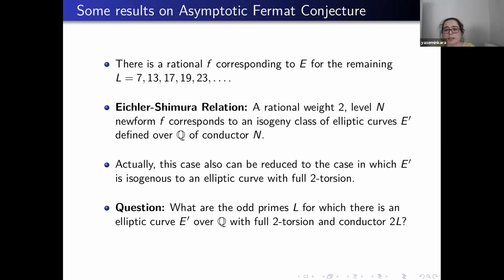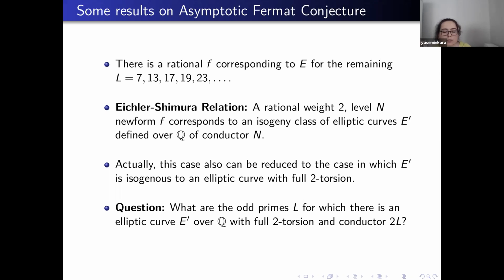And in this case, you can do lots of calculations, and there are cases where you can bound the exponent P, so that means they are not a problem for you anymore. But still there are primes which cause problems, but you can reduce to the case in which E prime is isogenous to an elliptic curve with full 2 torsion.